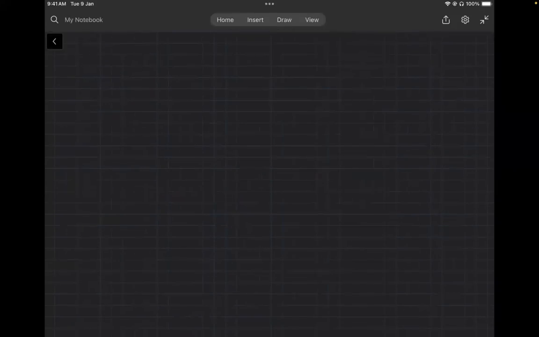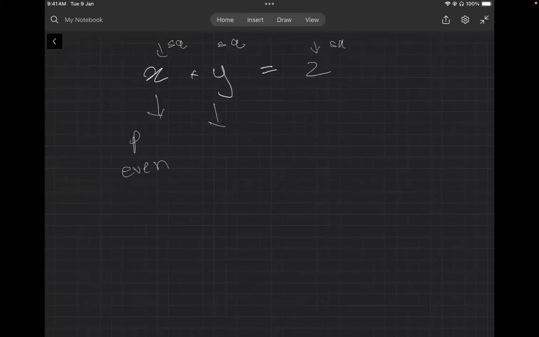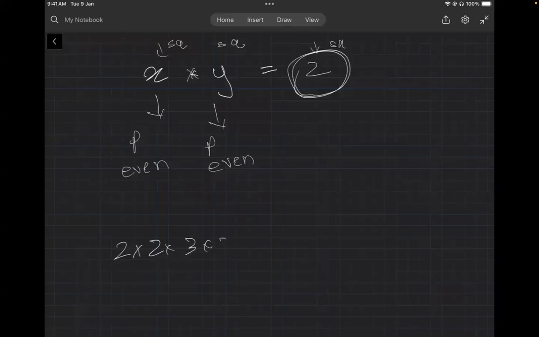Now, the thing to notice is why do I say x into y will be a square number if this is a square number and this is a square number? First of all, here each prime occurs an even number of times. Here also each prime occurs an even number of times. So when I multiply these, do you guys agree that in this number also each prime will occur an even number of times? Let's say x is 2 into 2 into 3 into 3 and y is 7 into 7.